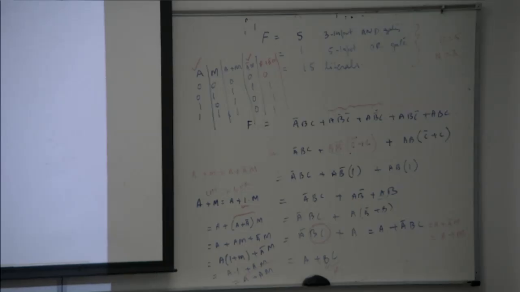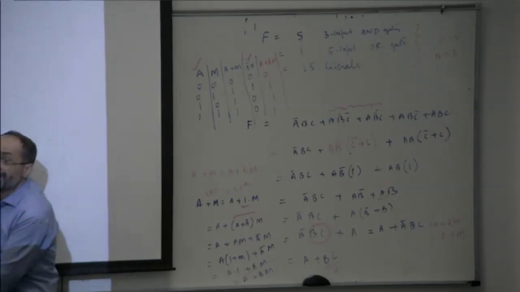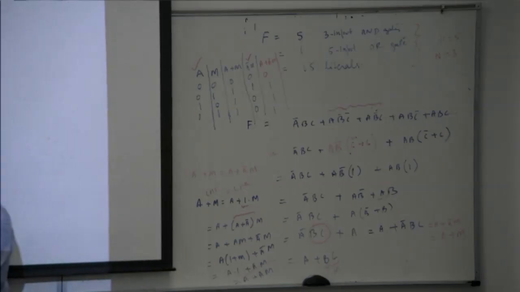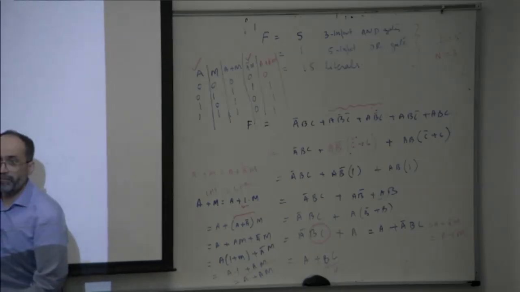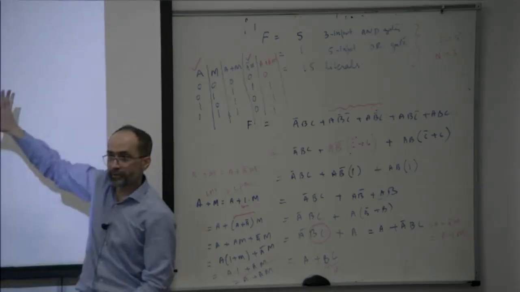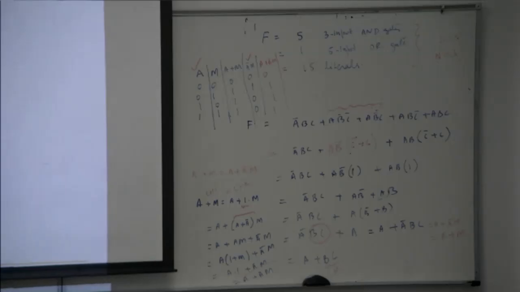Each of them is called a literal, because we have either A or A bar, B or B bar, or C or C bar. On this side we have literals, on this side we have min terms, and on this side this is a SOP expression. Literal, min term, and then SOP expression. Got it? Should we proceed?